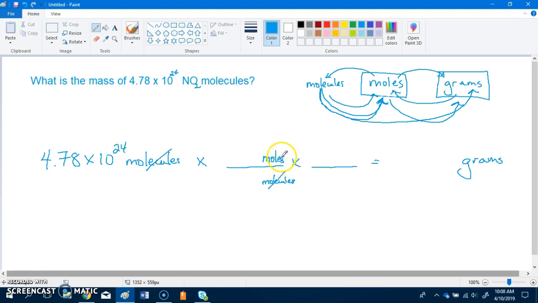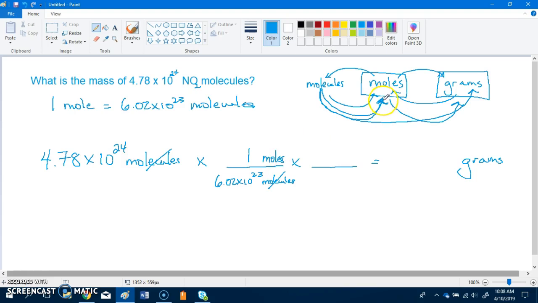So the conversion factor we're using is 1 mole is equal to 6.02 times 10 to the 23 molecules. That one is the constant that we know. So we can put 1 mole on top, 6.02 times 10 to the 23 on the bottom, and that's our first conversion factor. So we've converted from molecules to moles, and that cancels out our molecules, so now we'll be left with moles.